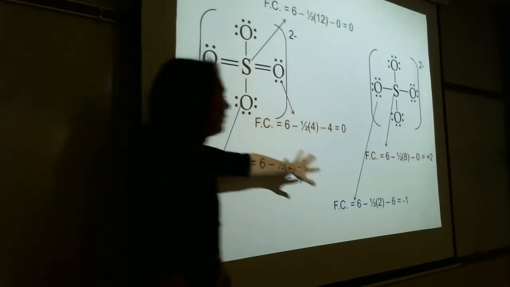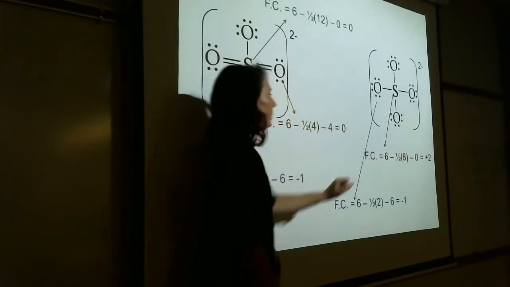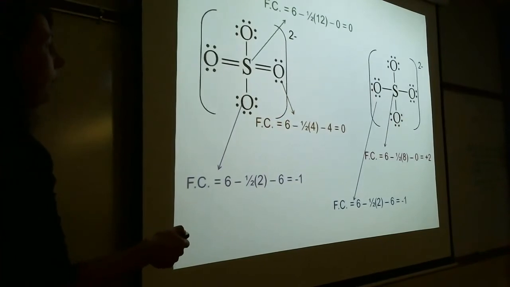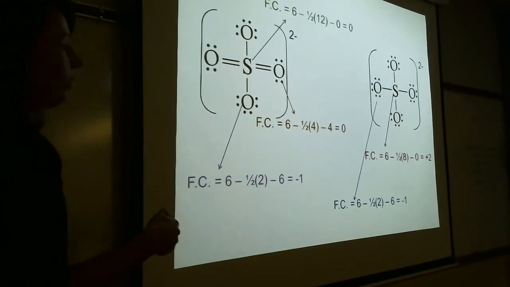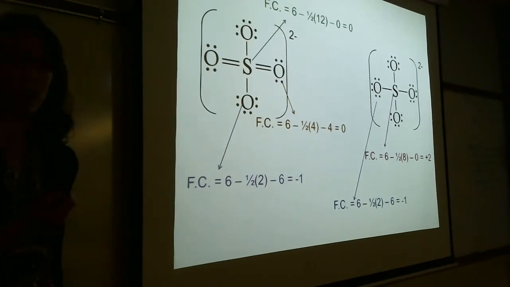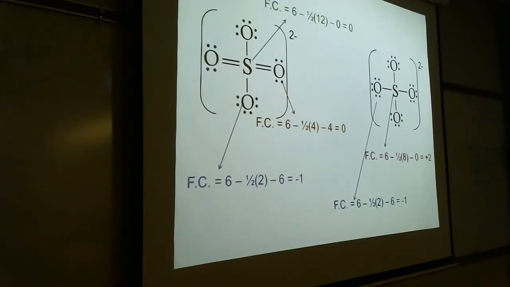Ta-da! This one still adds up to -2 as well, but look at how we had to get there. -4 minus 2 gives me -2, versus 0 plus -2 gives me -2. So which one is favored? This is the correct Lewis structure for sulfate.